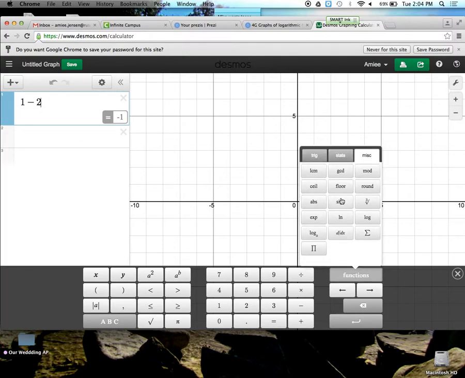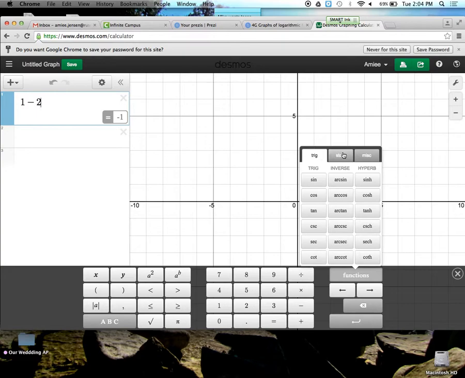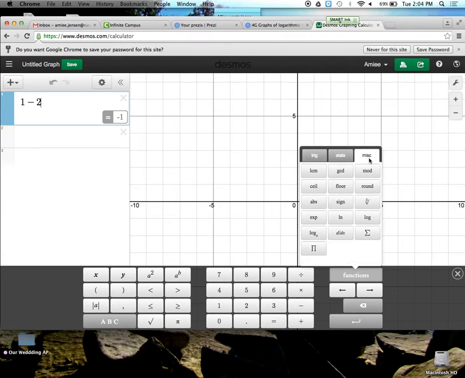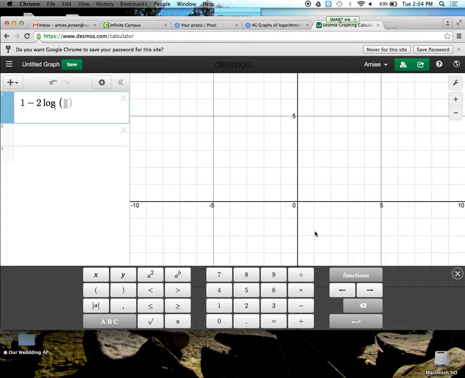Hit functions. Usually it starts out on trig, so you have to go over to where it says miscellaneous. Then it says log A. Hit log A. Then you can type in your little base 2, make sure you arrow over to the parentheses, and type in x.